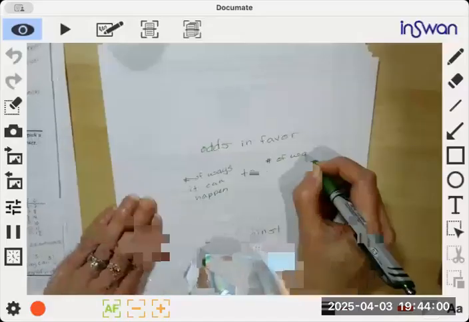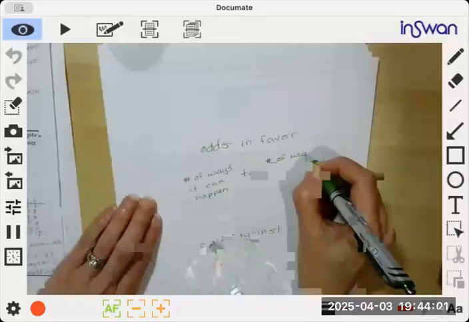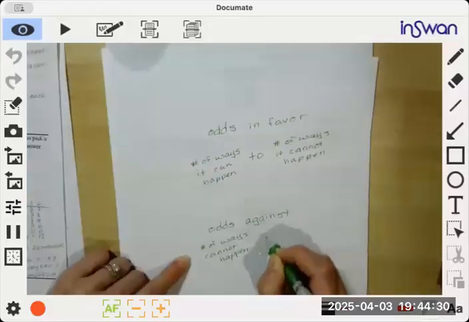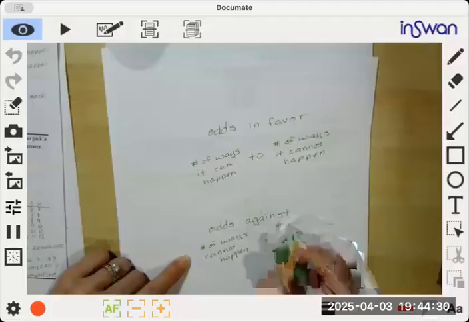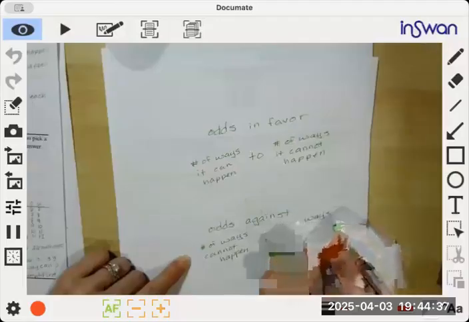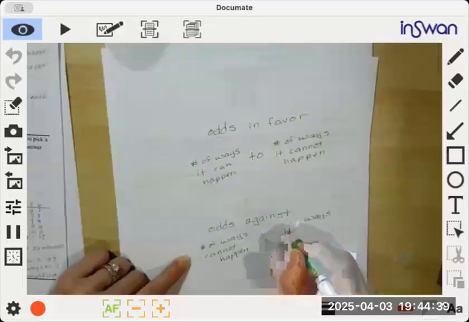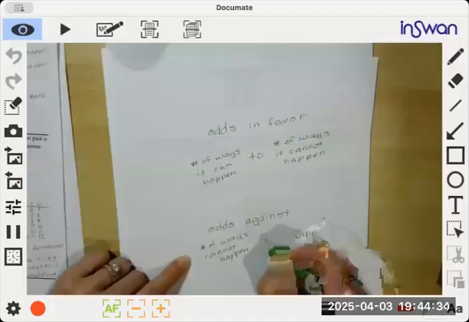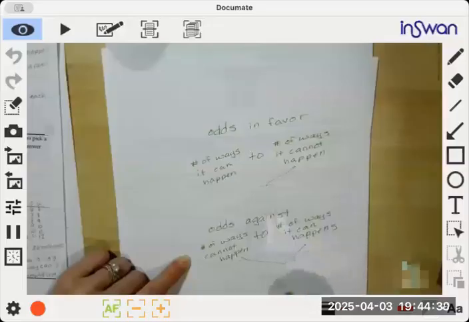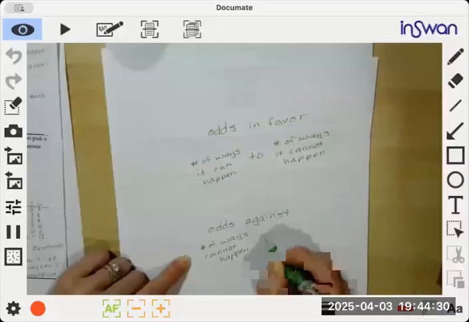Odds against, so the number of ways it cannot happen to number of ways it can happen. And this is all odds is. When you add up these two numbers, it's going to total your whole sample space.